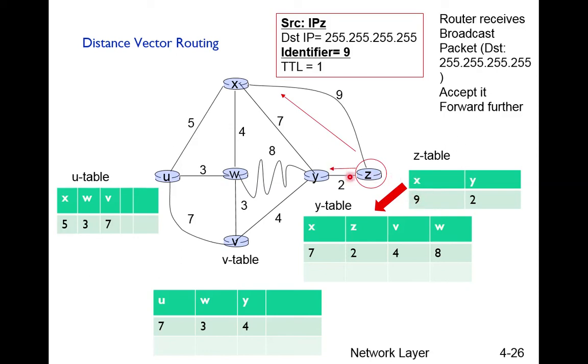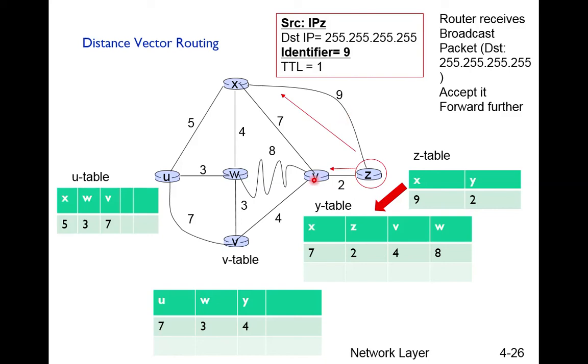So if Y wants to move to X through Z by using this table information, Y to Z is 2 and Z to X is 9. So 2 plus 9 is 11.